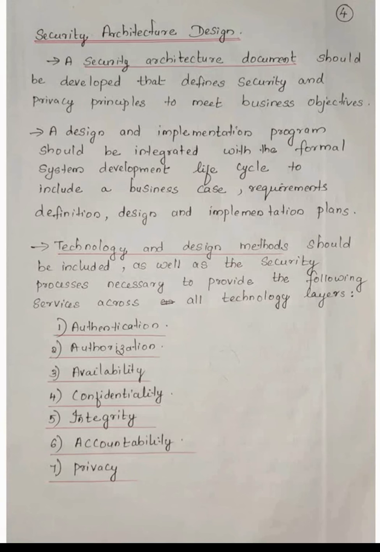A security architecture document should be developed that defines security and privacy principles to meet business objectives. For a security architecture design, the necessary security processes are: first one, authentication, authorization, availability, confidentiality, integrity, accountability, and privacy.